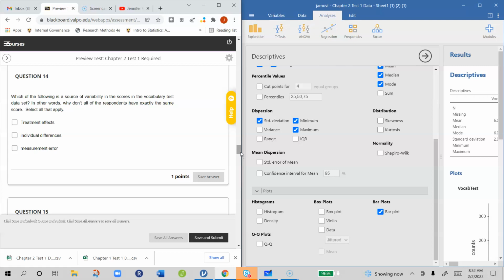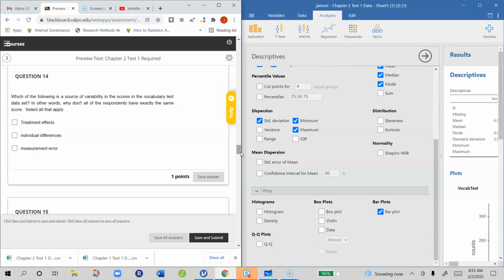Next, which of the following is the source of variability in the scores? In other words, why don't all the respondents have exactly the same score? Okay. So there are two reasons here. One, there's always a possibility of measurement error, and it's possible that this just isn't a good representation of their knowledge of the vocabulary. Maybe they answered questions wrong. Maybe there's a data entry error. That would be measurement error.